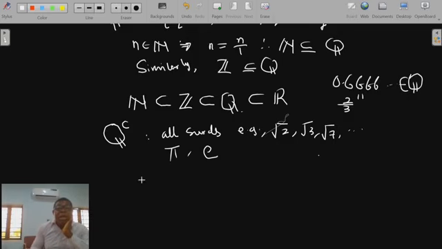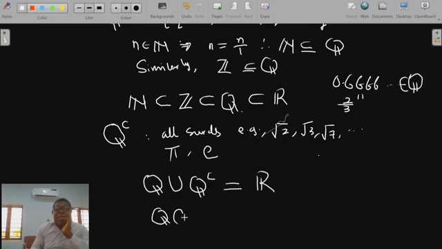And we now have the following: if we take the union of Q and its complement, that is irrational, the union of these two sets will give us the entire R, which is the set of real numbers, while the intersection, since they do not have anything in common, is an empty set.